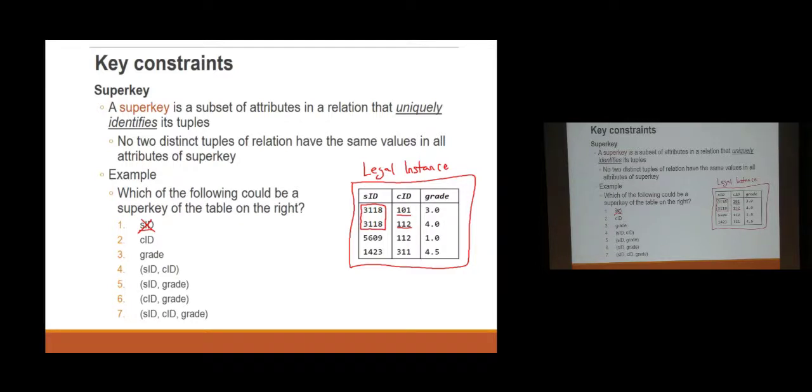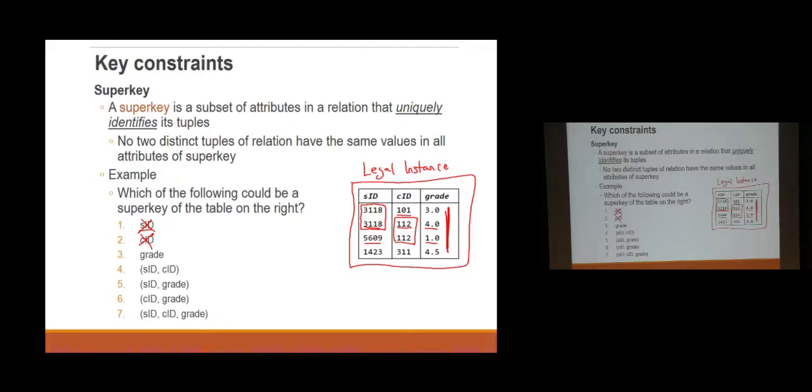So again, what we need to do is just find all the possible violations. The other possible violation is CID. Because you look at this, and then you have two possible violations, this or this. Any other possible combinations will not give you violations. Grade here values are all unique. Because it's all unique, you cannot say that there's any violation.